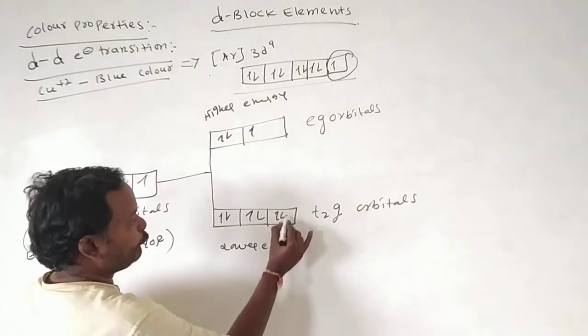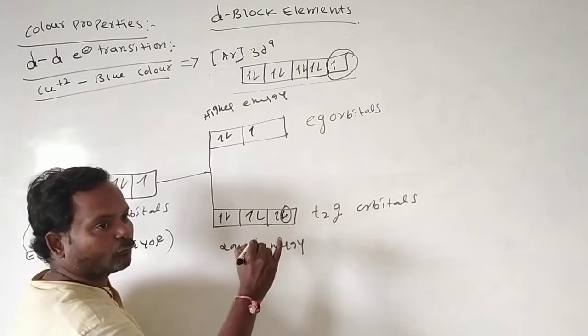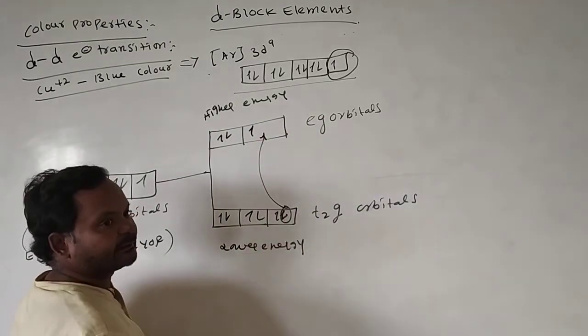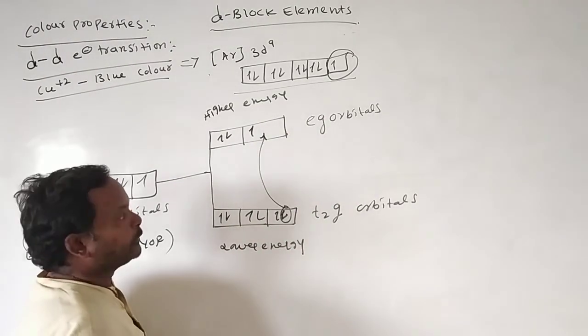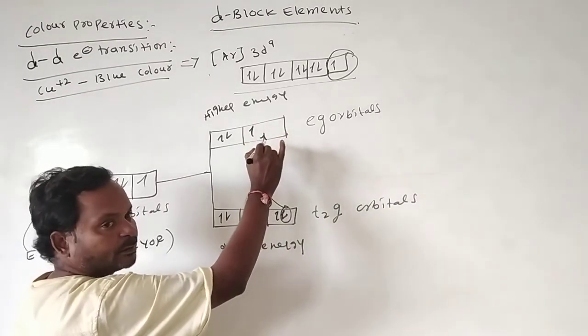When one of the electrons absorbs the energy, it gets excited into the higher energy level. In the higher energy level, that particular electron is unstable.